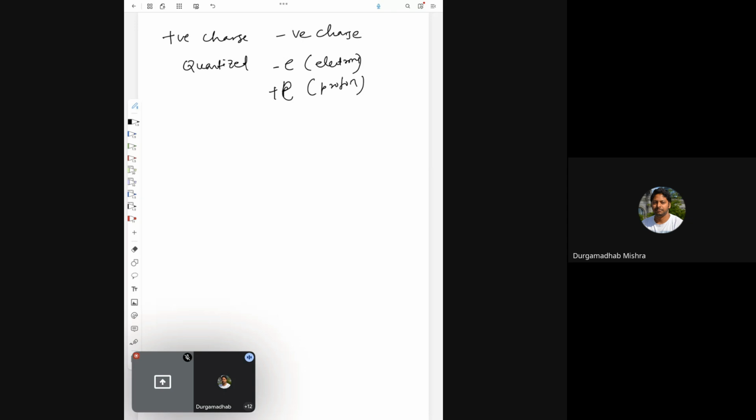So this charge corresponds to 1.6 times 10 to the minus 19 coulomb. This is a unit of charge. One can be a positive charge and one can be a negative charge. If you put both together, they will cancel each other out.